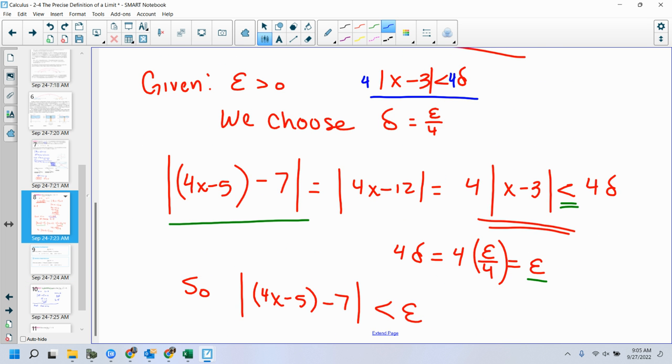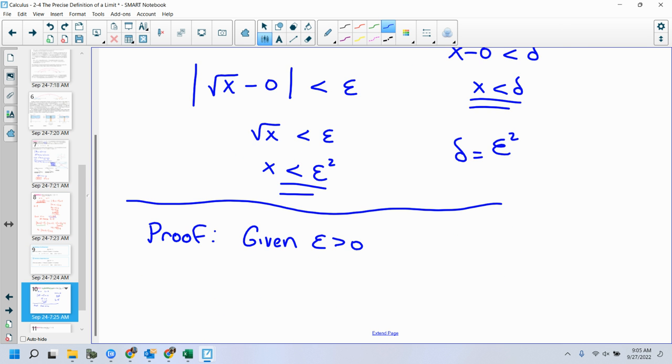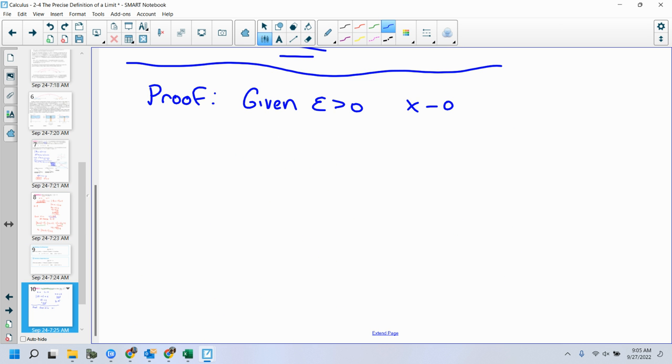We want to say x minus 0 is less than delta, or in other words, x is less than delta. So we choose delta to be epsilon squared. Okay, so there's our setup. We're ready to go now.